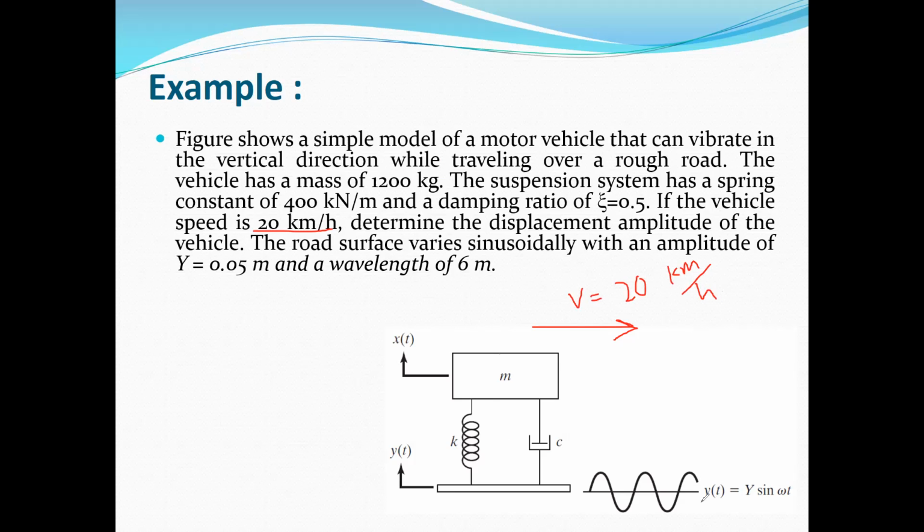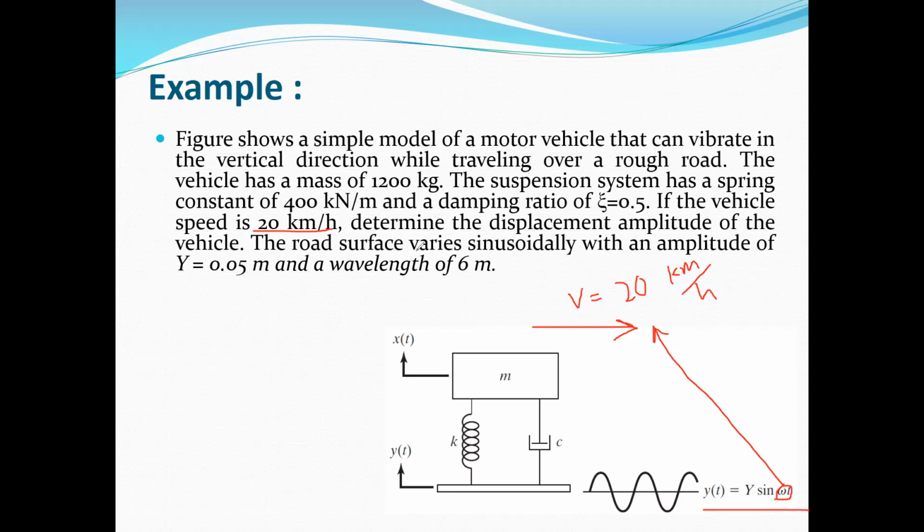We can assume again that the equation of the curve fitted to this rough road is Y times sine omega t, where omega will be obtained as a function of this velocity v. And I will show you how we can obtain this.